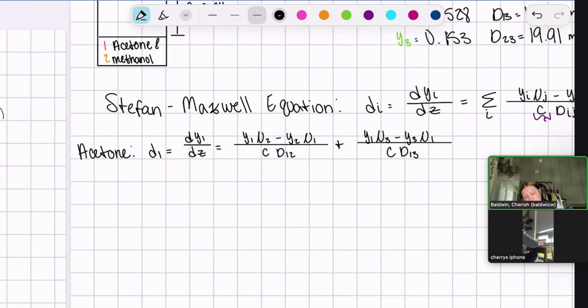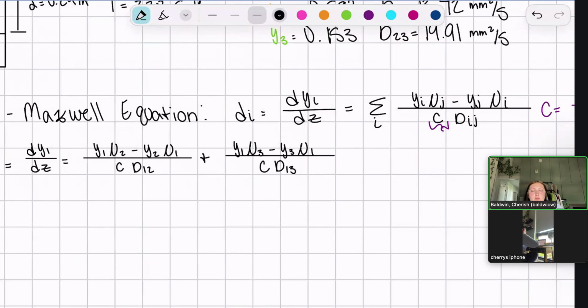All right, and then we're not going to do acetone to acetone because that's redundant. It just equals 0 because going from the same compound, it just equals 0.